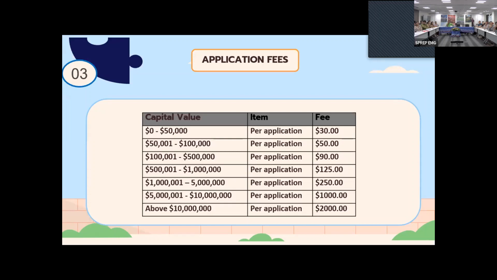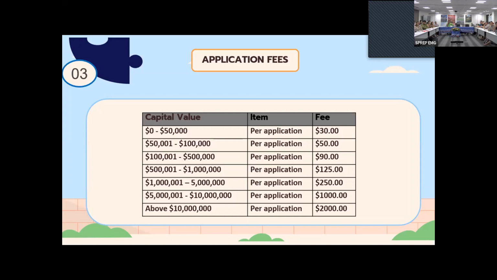The fee is scaled and depends on the value of your entire development. So for example, if the value of your entire development is 50,000 tala or less, your fee is 30 tala. If it's above 1 million and up to 5 million, it's only 250 tala.